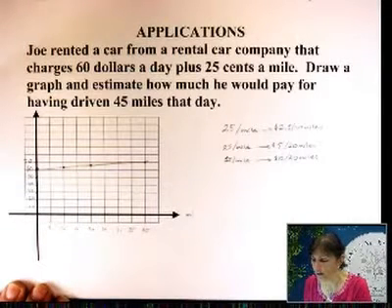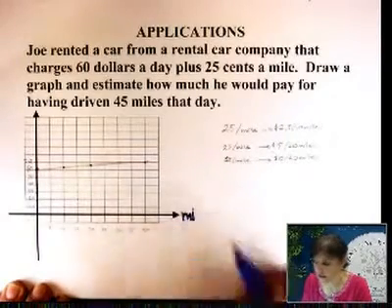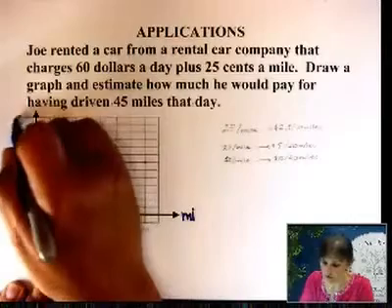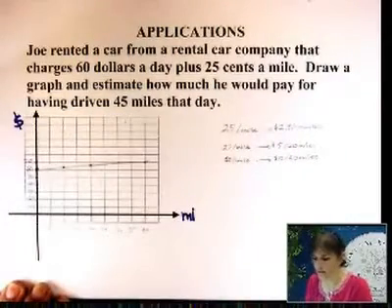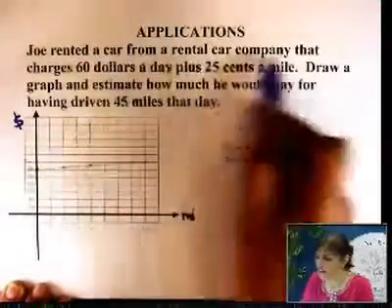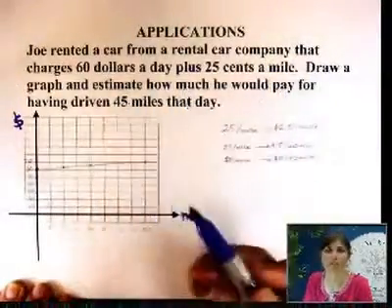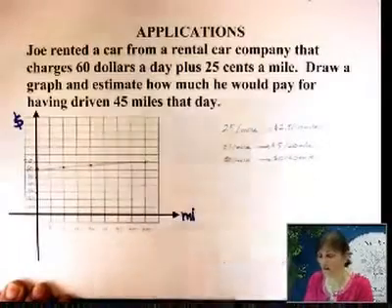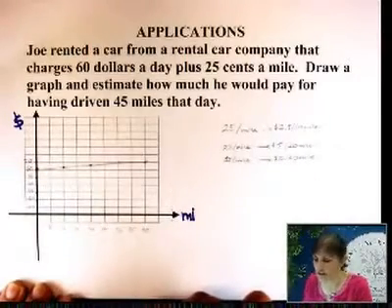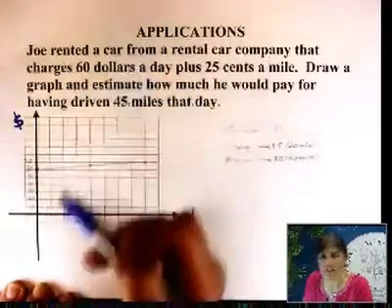I have the dollars and I have the miles, so I'm going to have the miles on the x-axis and dollars on the y-axis. That makes sense. So what am I given? He rents a car. He's going to pay $60 no matter what he does, even if he parks it in the garage. So if he drives nothing, he will still pay $60.